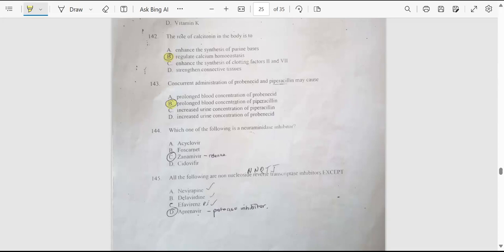Anything else we need to say there? As was said, it does so by inhibiting the organic ion transporter in the proximal tubule, so piperacillin is not excreted at the normal rate, leading to a prolonged concentration in blood.